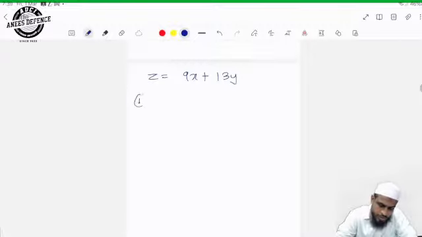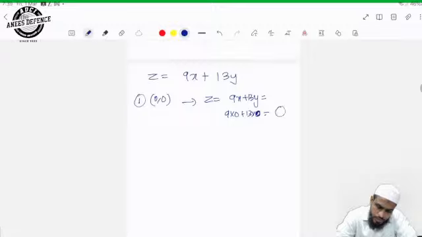First point, that is (0, 0). If you put it in z equal to 9x plus 13y, that is 9 into 0 plus 13 into 0, so the answer is 0.